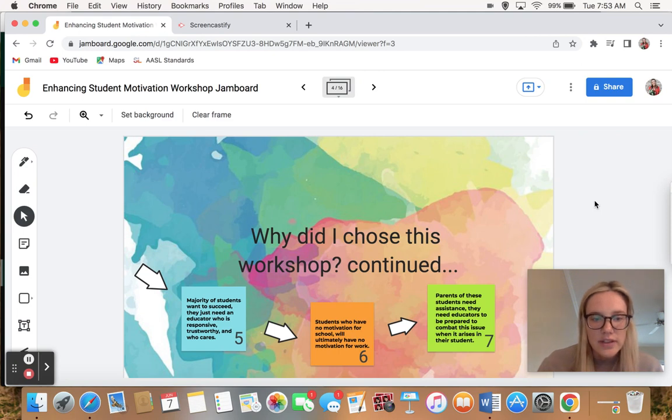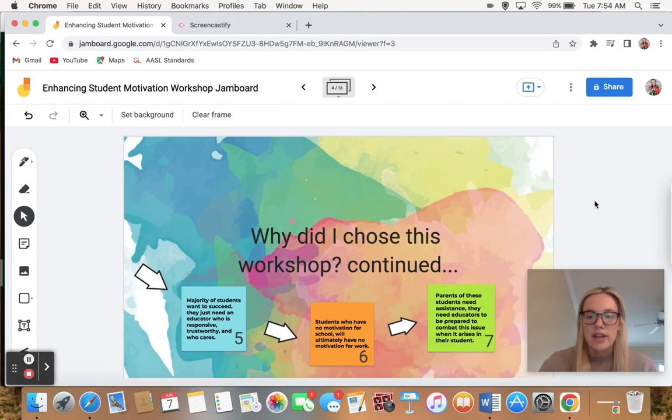And then number five says the majority of students want to succeed. They just need an educator who's responsive, trustworthy, and who cares. A lot of kids come from homes where their parents don't value education, and so they just need somebody there to push them to value it. Number six, students who have no motivation in school will ultimately have no motivation for work.